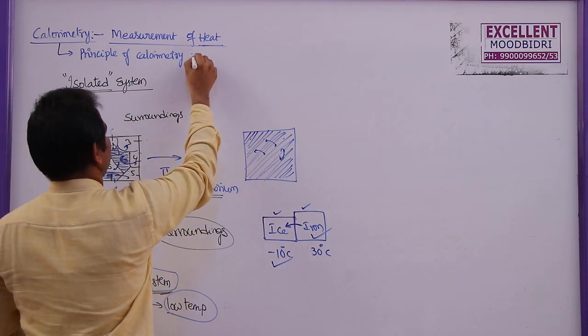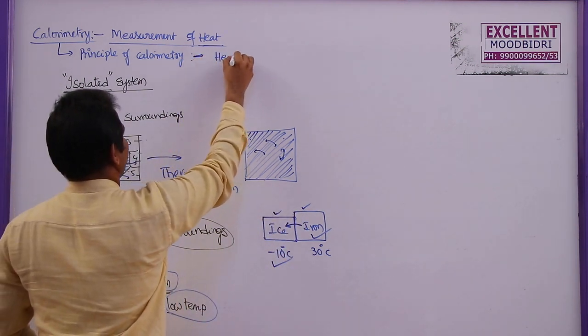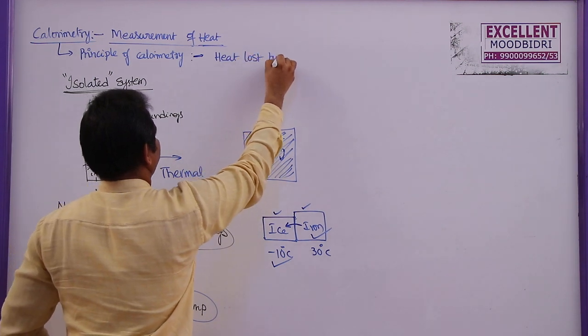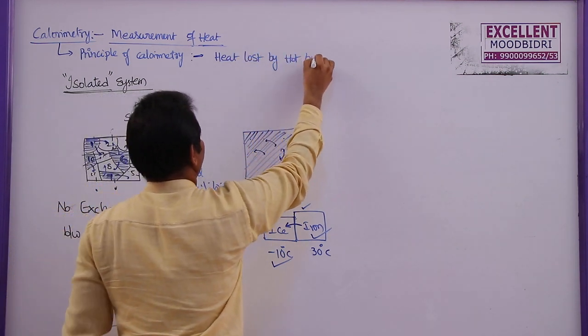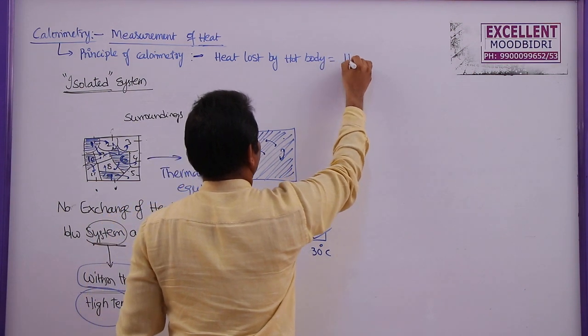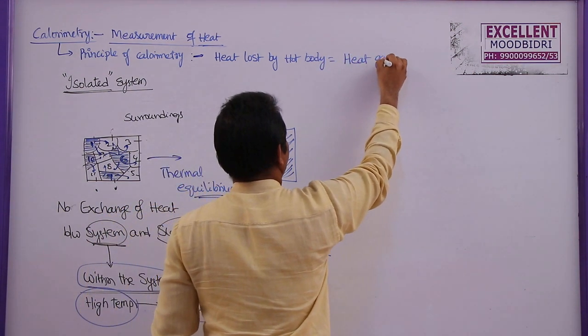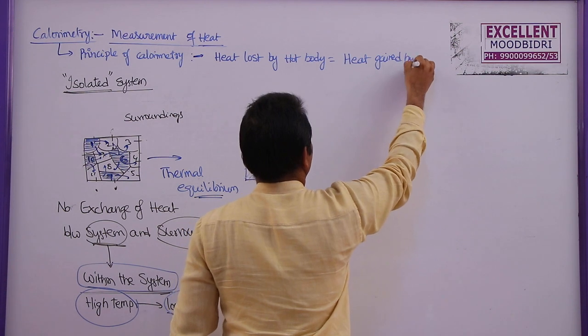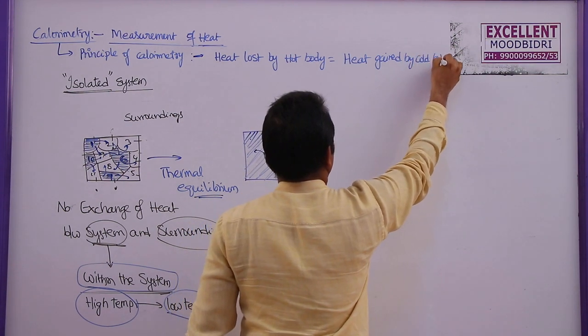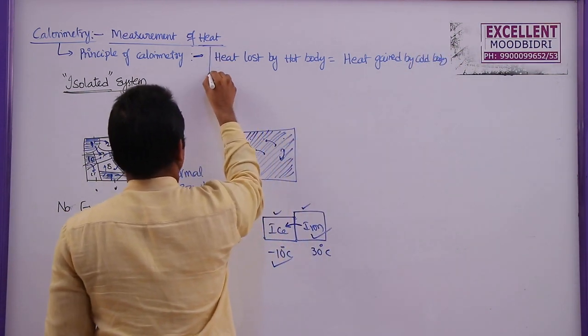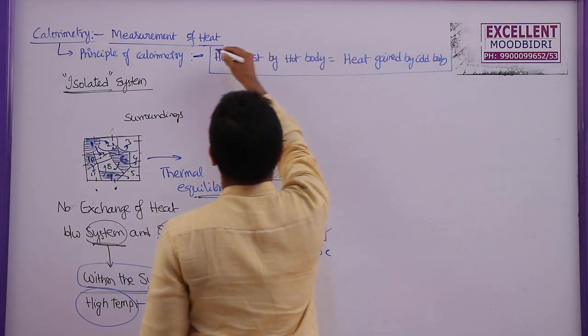So the principle of calorimetry is: heat lost by hot body is equal to heat gained by cold body.